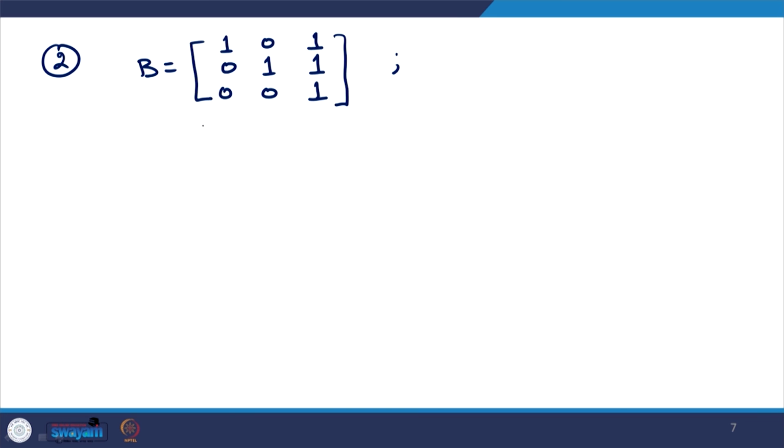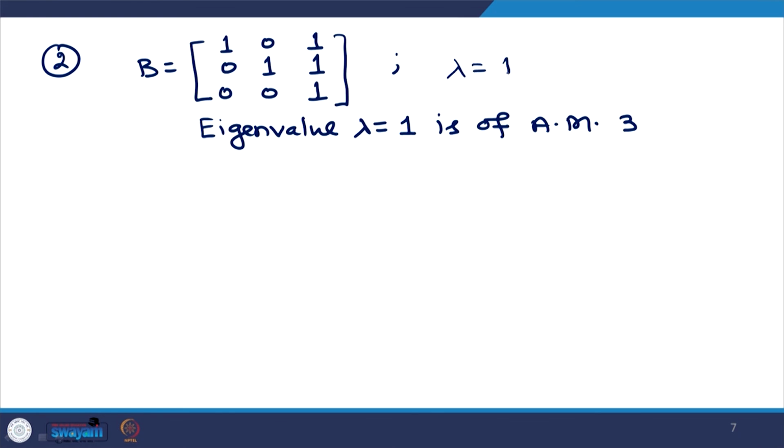However, if you take another example, let us say another matrix B, which is 1 0 1, 0 1 1, and 0 0 1. Then again eigenvalue lambda equals 1 has algebraic multiplicity 3, because the eigenvalue 1 repeats 3 times.